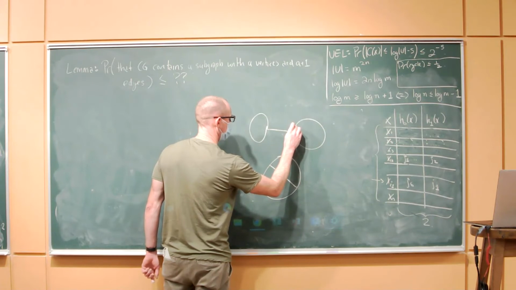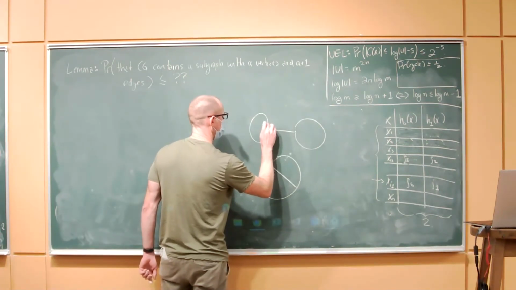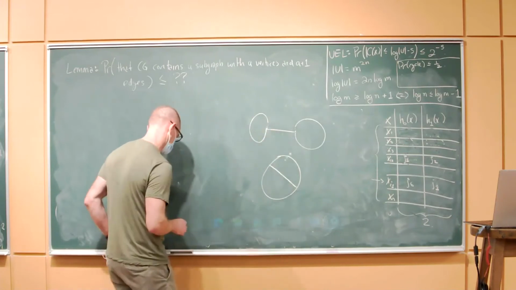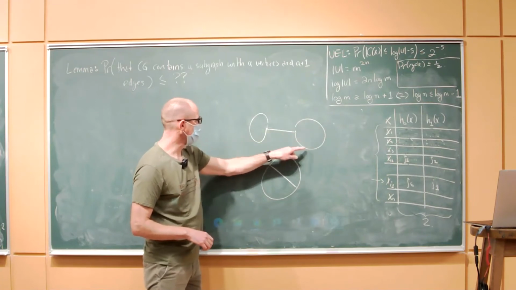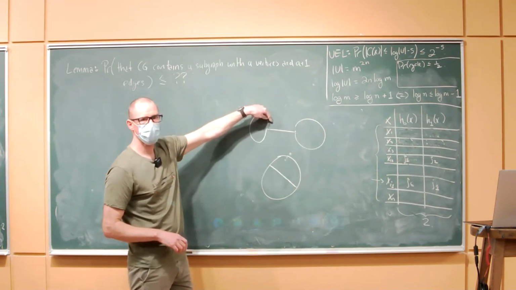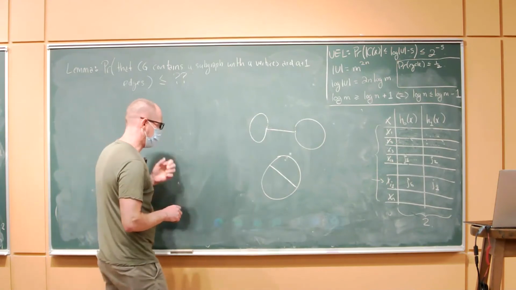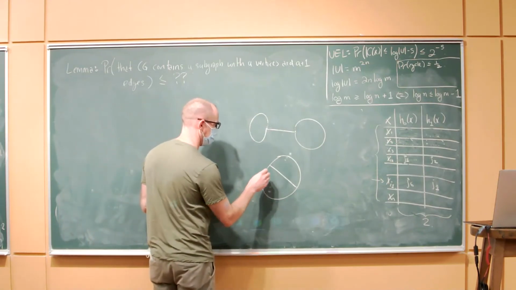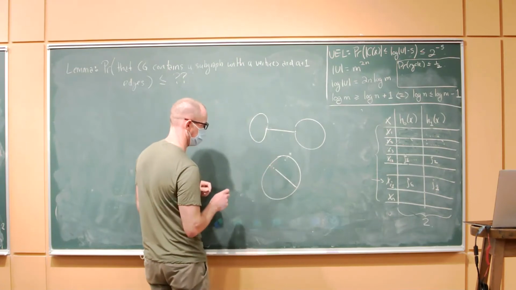Let's say this one and this one. And now my graph is a path that starts here and ends here. And if I have this graph, I can take away this edge.